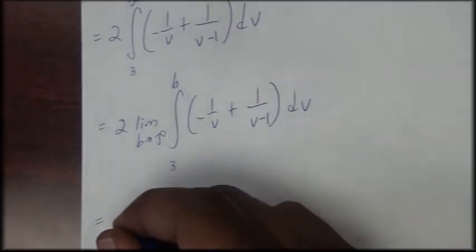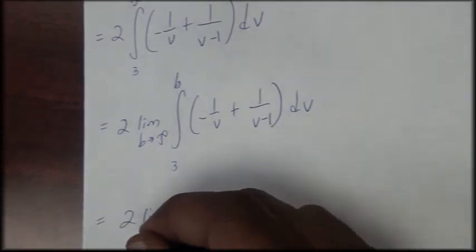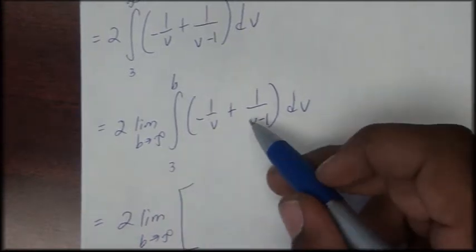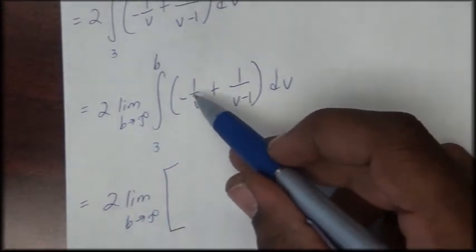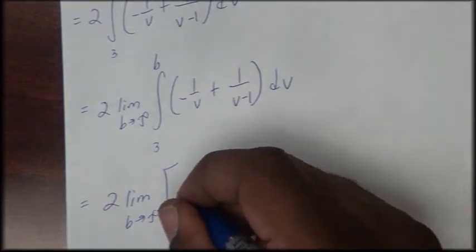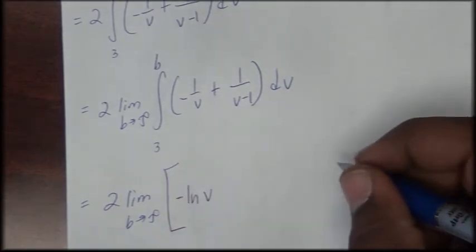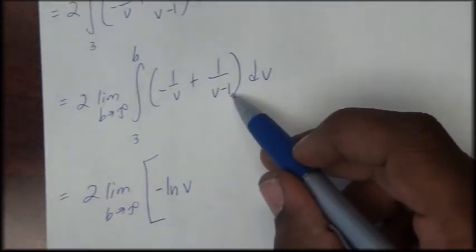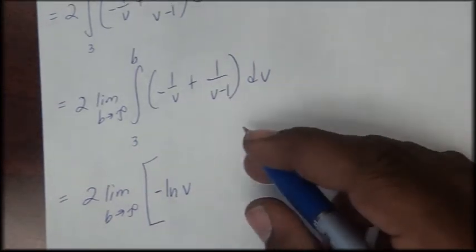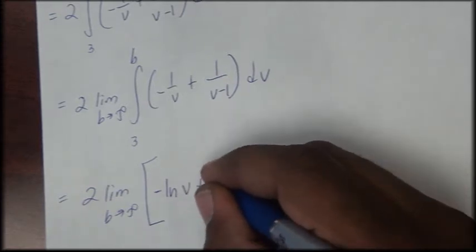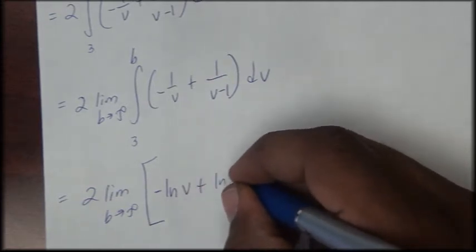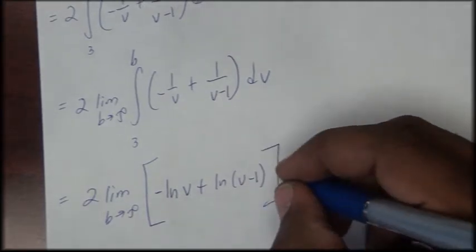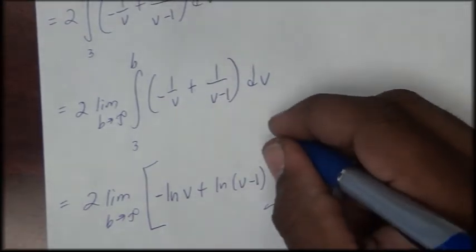So we have 2 times the limit as b approaches infinity. The integral of negative 1 over v is negative natural log of v. The integral of 1 over v minus 1 is the natural log of v minus 1. And we're going to evaluate this from 3 to b.